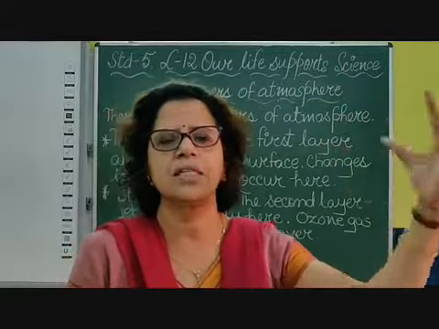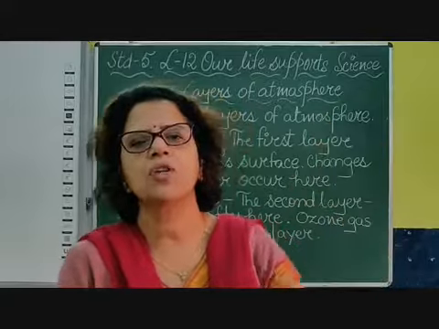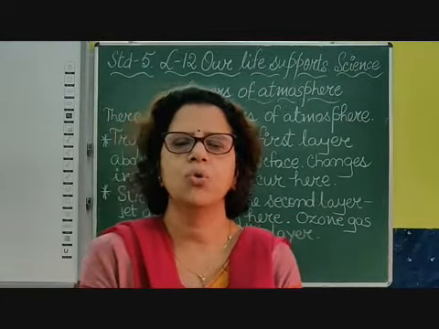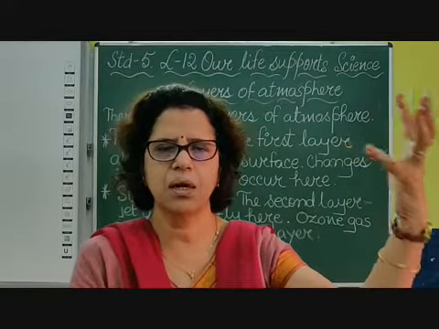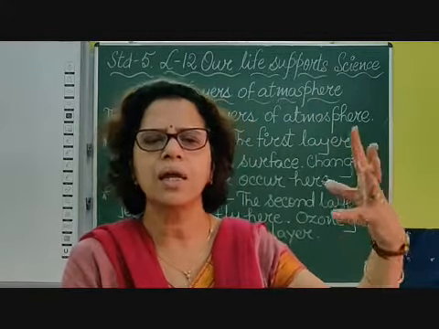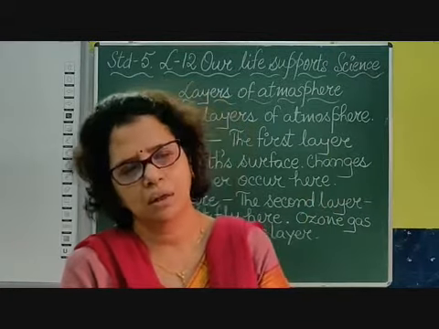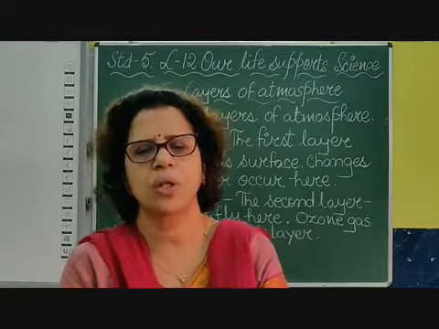Because there are different gases present in this layer, they absorb them. Ozone gas absorbs the ultraviolet rays and doesn't allow them to enter the ground surface, so that we are protected.